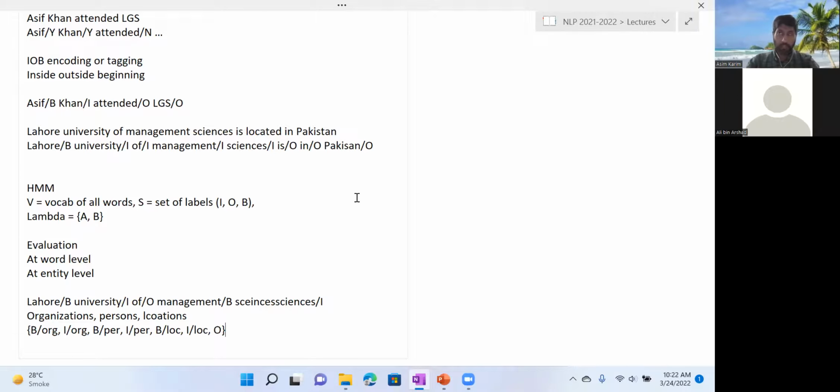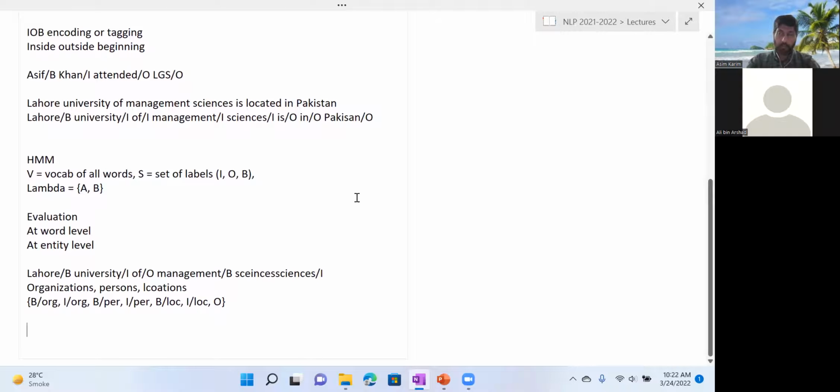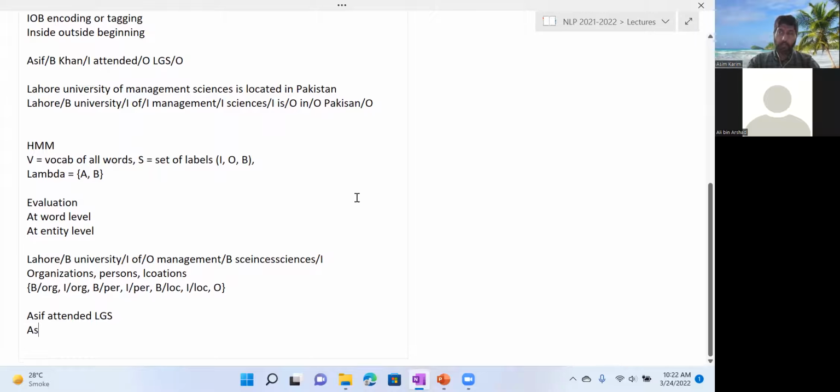So again, if I take the example, Asif attended LGS. Here, of course, Asif is beginning of a person, right? And then attended, of course, is O, okay?